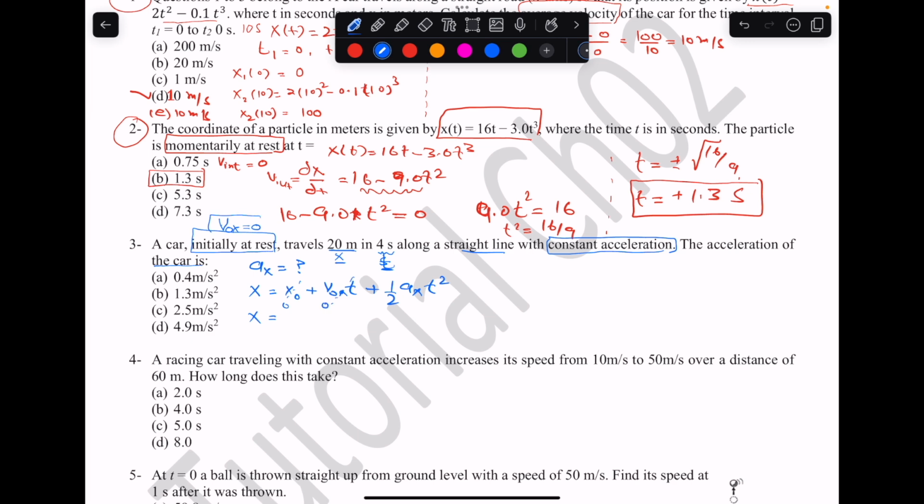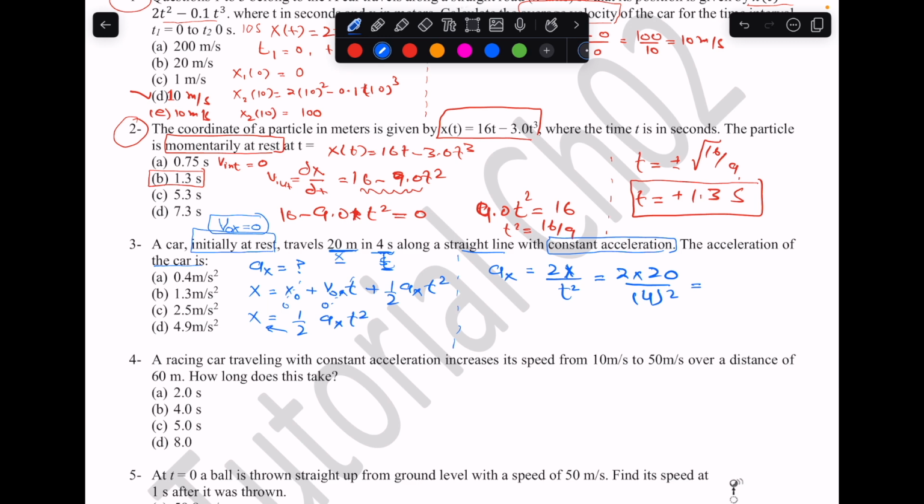So we are left with 1/2 ax t squared, and then our ax is given by 2x divided by t squared. So 2 multiplied by 20 divided by 4 squared, because we have 20 meter distance and 4 seconds time.